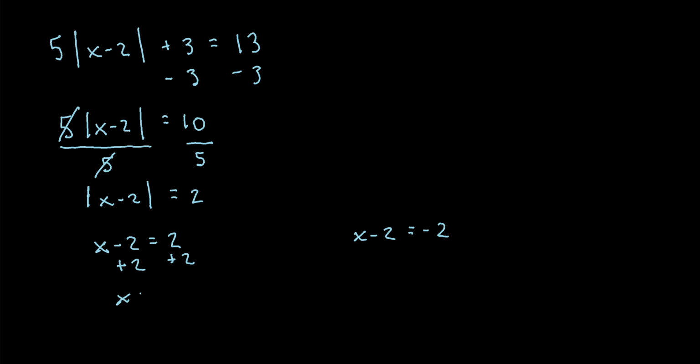We get x is equal to 2 plus 2, that's just 4. And in this equation, to solve for x, we can also add a 2 to each side, plus 2, and we'll be left with x is equal to negative 2 plus 2 is 0. So we have two solutions, x is equal to 4 or x is equal to 0. If we plug in either of these values into this original expression, it will be true.